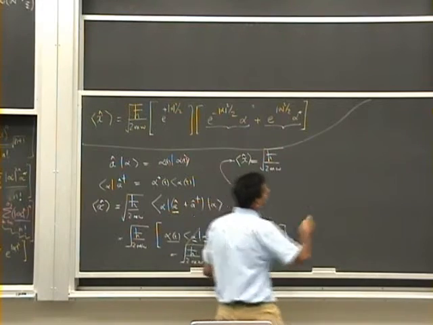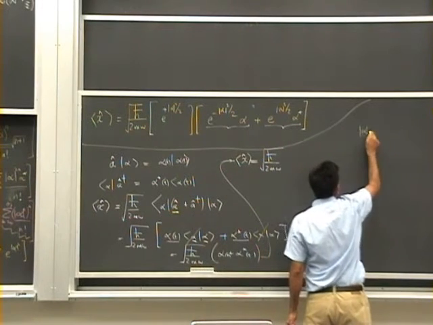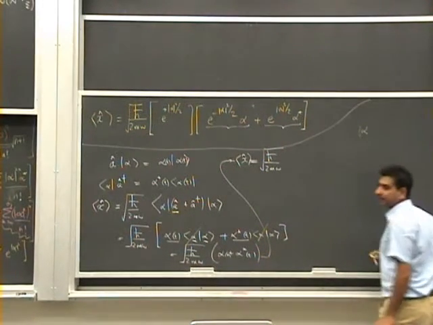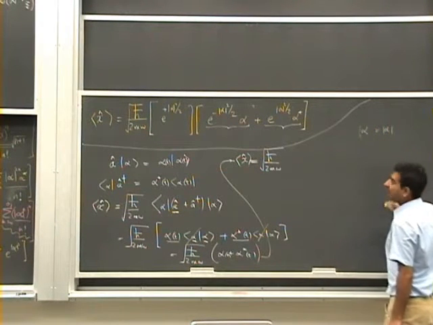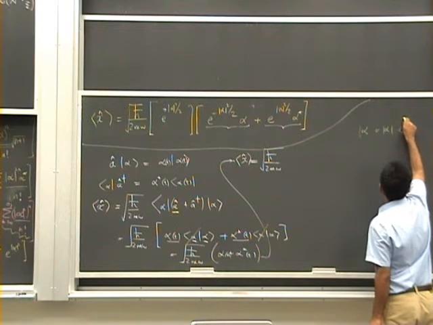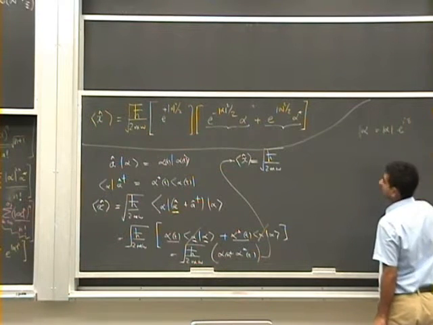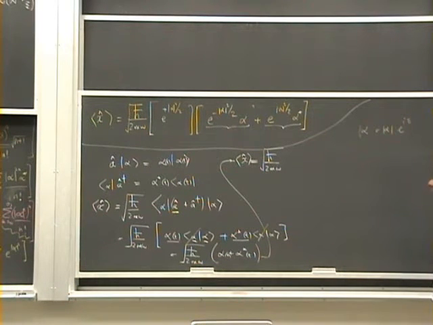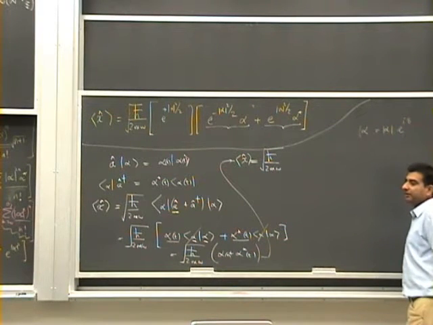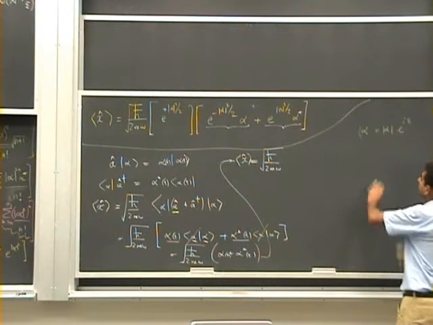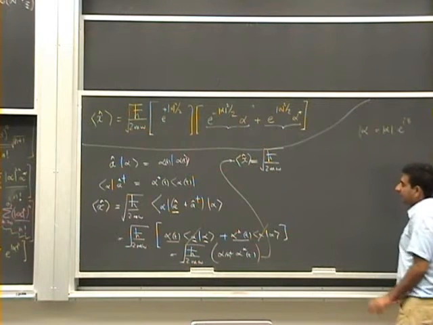Now let's suppose that our α, which is time dependent, has some magnitude α and it has some phase. And this phase in general can be time dependent and its magnitude can be time dependent. So all this time dependence is in this.